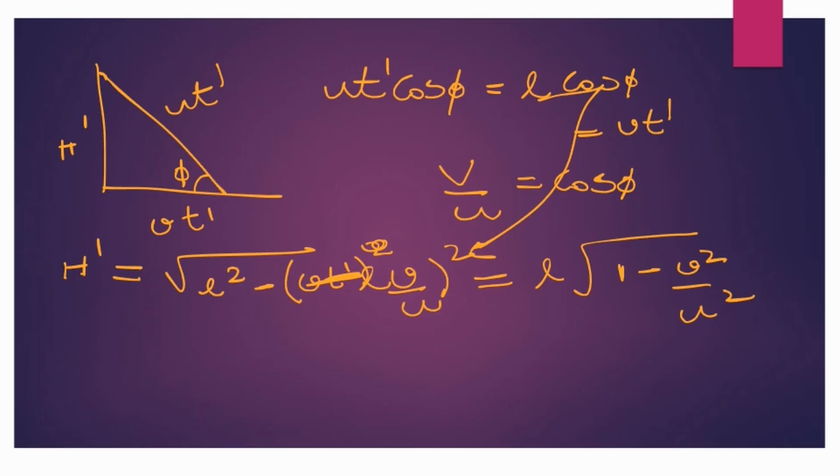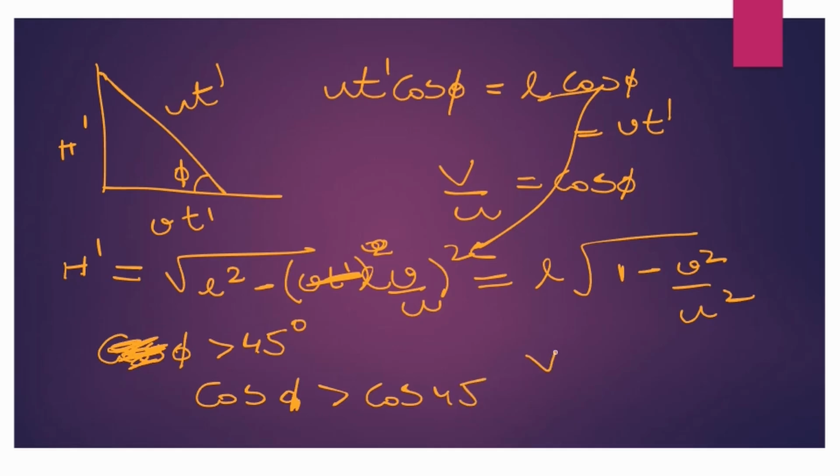So when will this happen? Listen carefully, beta. The ant will reach the maximum height ul by 2v if phi is greater than 45, so cos phi should be greater than cos 45.